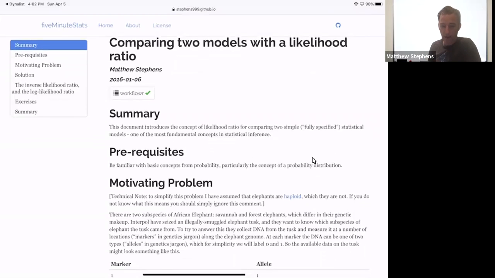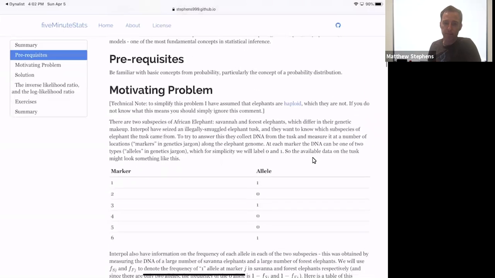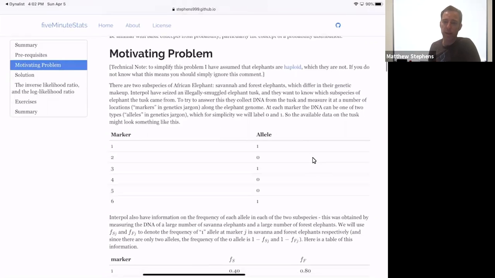And here we have a motivating problem. The problem is I want to try and classify an elephant as either a forest elephant or a savanna elephant based on its DNA.